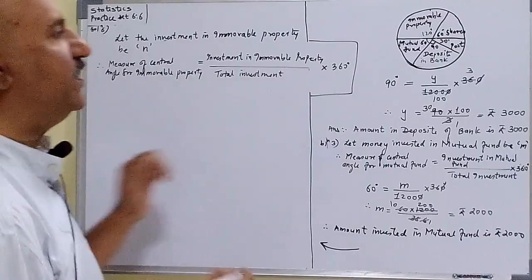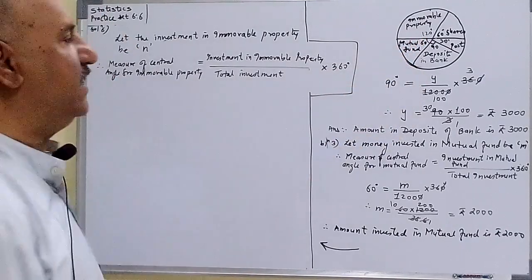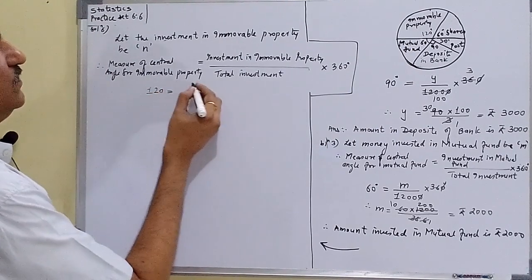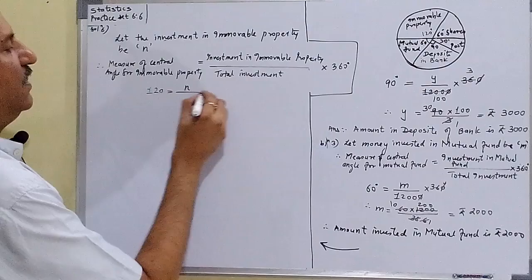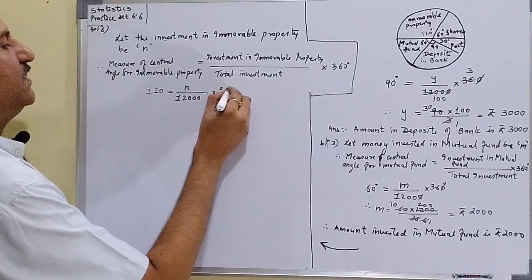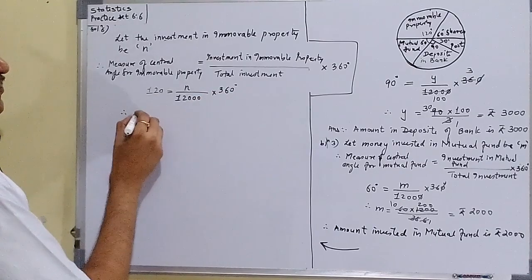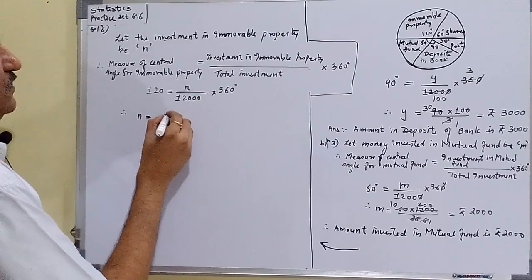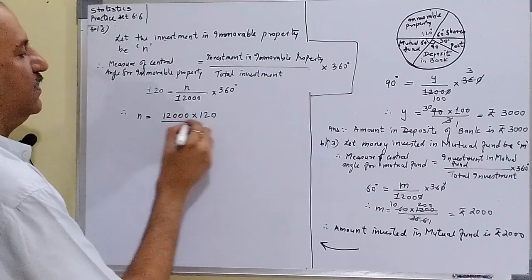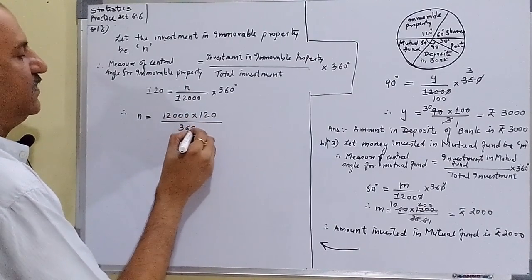So what is the angle for investment in immovable property? 120. So this will be 120 degrees equal to N upon 12,000 into 360 degrees. So what will N be? 12,000 into 120 upon 360.